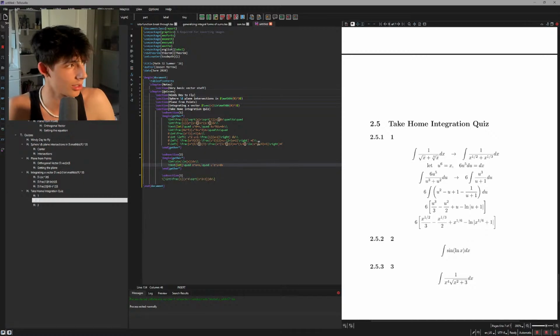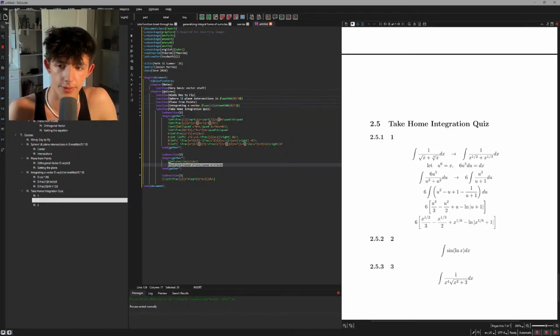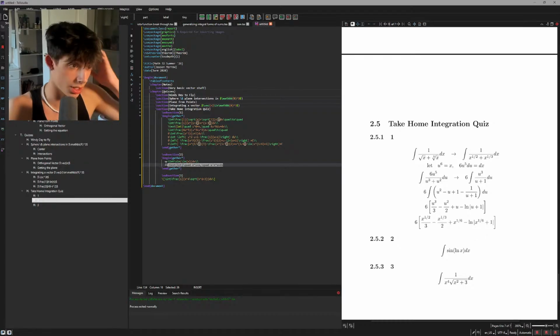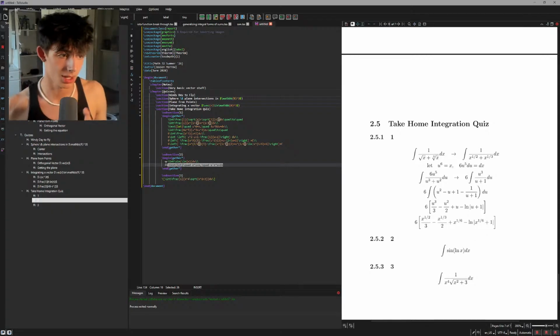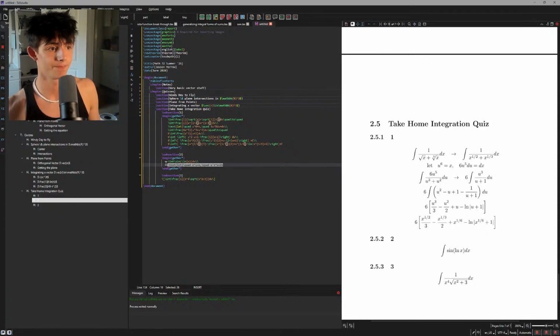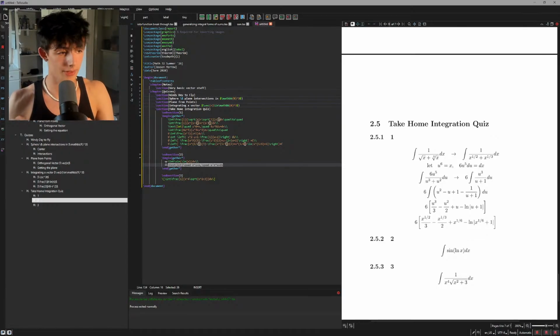Can we even do by parts? I think we can. Probably. Maybe. I hope so. Yeah, we gotta try by parts. The issue is my issue with integration by parts is it can be tedious, which, if you're in the middle of an exam, you don't have time for that.